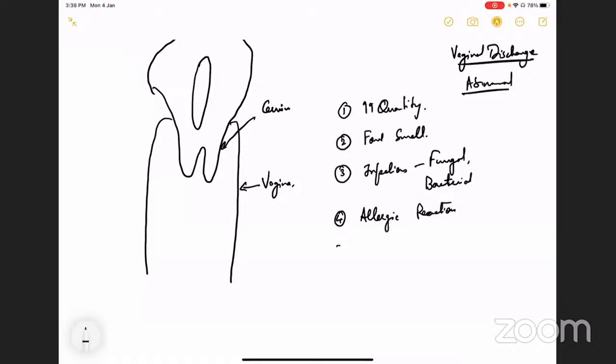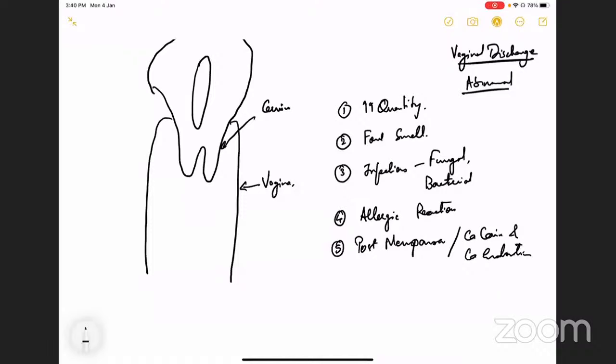The fifth thing is that it could be due to postmenopause. It is very common that a postmenopausal lady has abnormal vaginal discharge, and in such situations, always try to rule out cancer of the cervix and cancer of the endometrium. These are very important points for a physician.